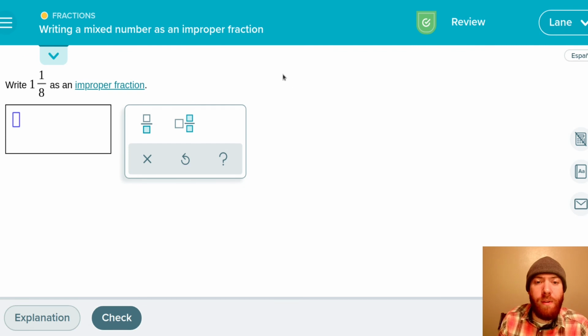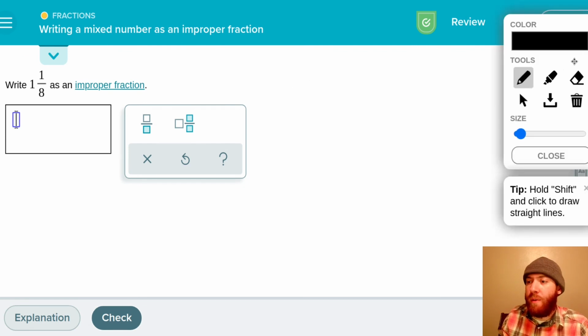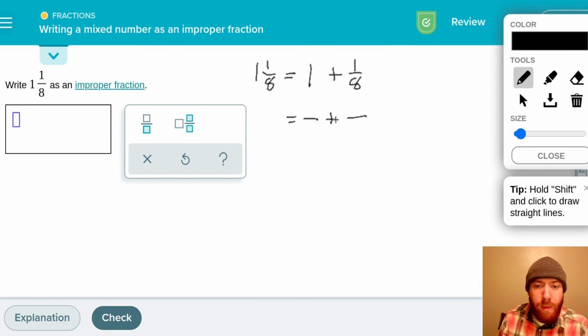1 1/8. Okay. So we'll start by writing 1 1/8 as 1 plus 1/8. And then we will write both of these numbers with the common denominator 8. So this one already has an 8 in the bottom, but to make this number 1 have a denominator 8, we should rewrite it as 8/8, right?